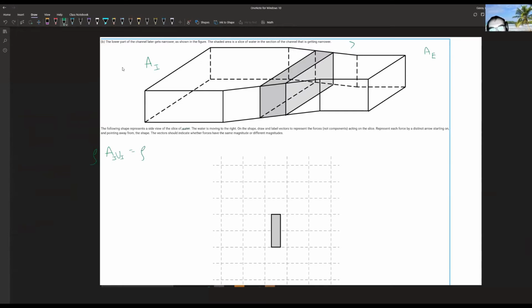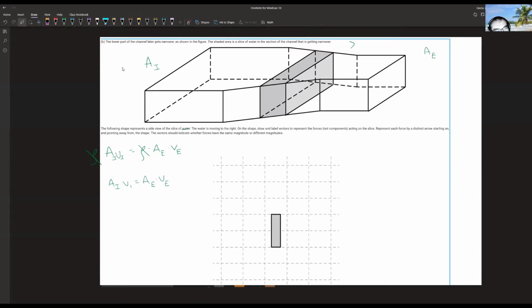You need to apply like 1,000,000 newtons of force, and its volume is only going to change by about 1% or 0.1%. I forget the exact value. But a lot of times we just consider water to be incompressible, and if it's incompressible, the density does not change. That's why a lot of times we just jump to the area at the inlet times the velocity at the inlet equals the area at the exit times the velocity at the exit.